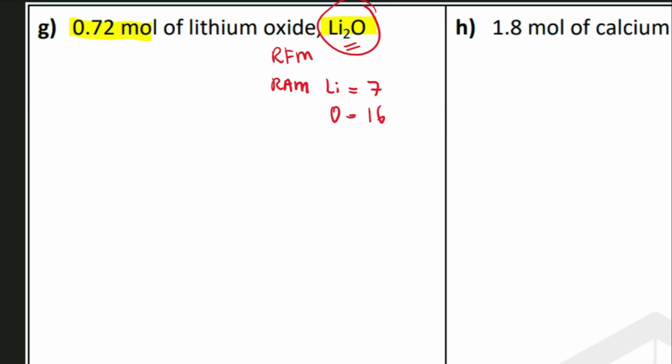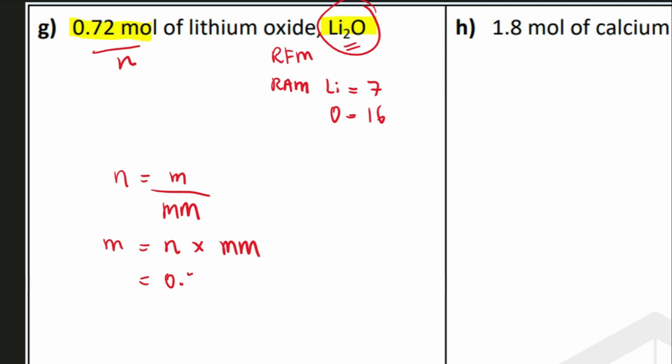Let's apply the formula. We are given the number of moles and we need to find the mass. The relationship is moles equals mass over molar mass. That means mass is moles times the molar mass, and the number of moles is 0.72. The molar mass is the relative mass, in this case the relative formula mass.